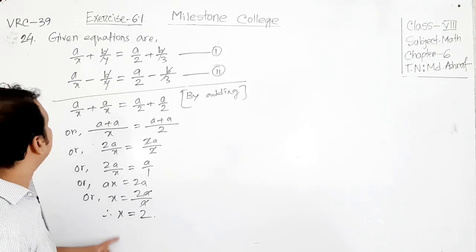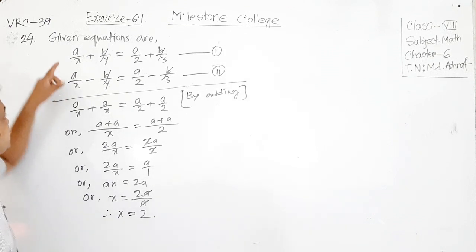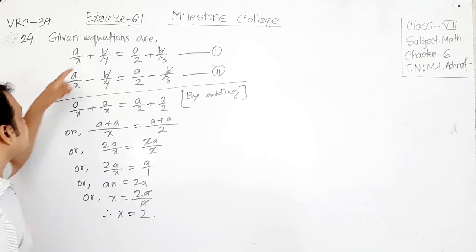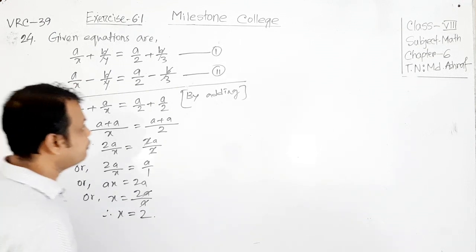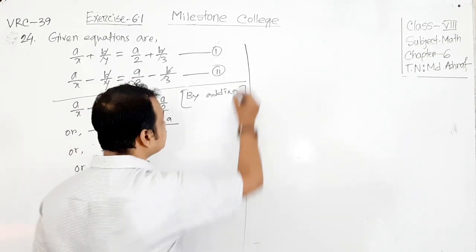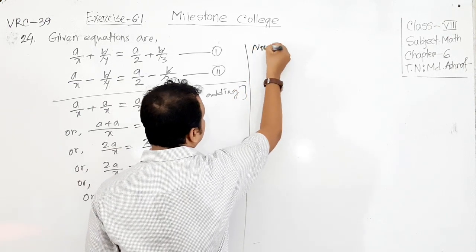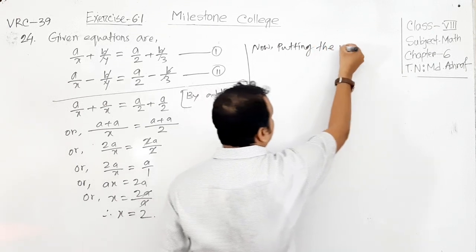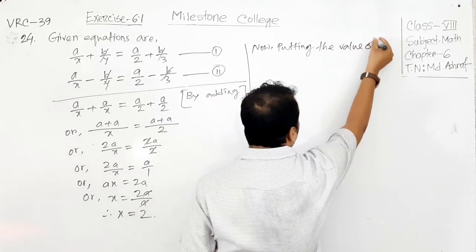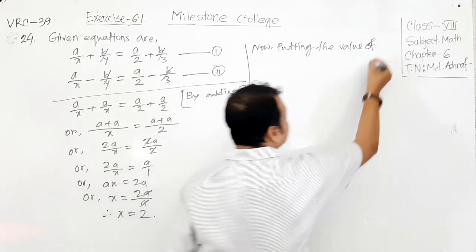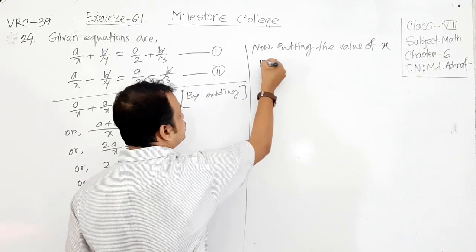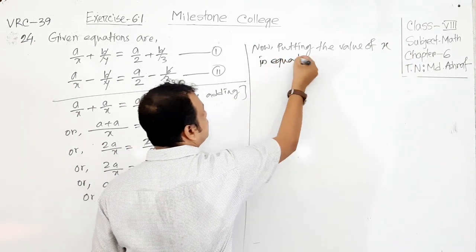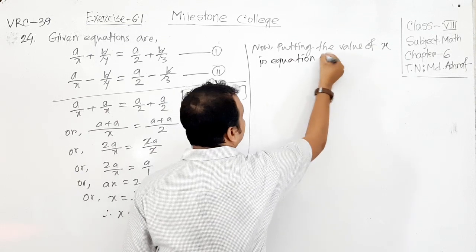So this is the value of the variable x. Now we will put the value of the variable, we can put it in equation 1 or in equation 2. Let's put the value of x in equation 1.